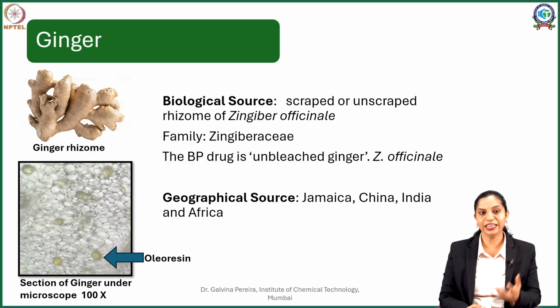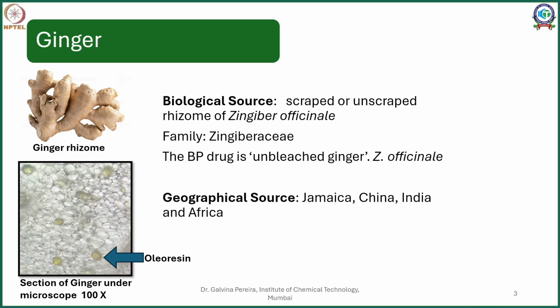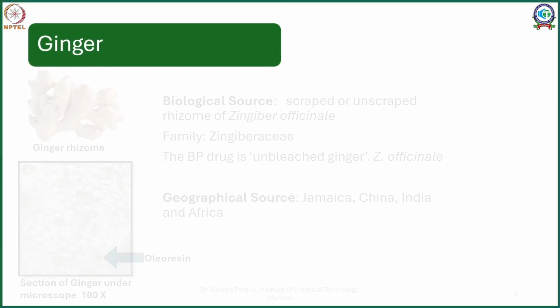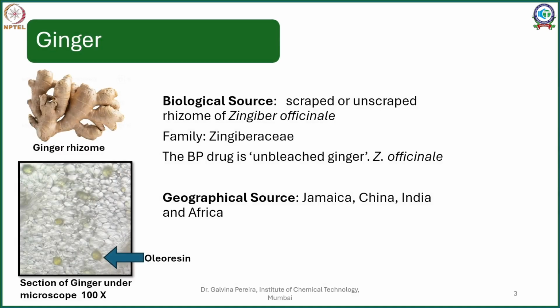So ginger comes under the category of prepared resin, and it is an oleoresin combination. So ginger, how do you procure it? Mostly, if you see this ginger, you see numerous buds, which we often refer to as fingers.